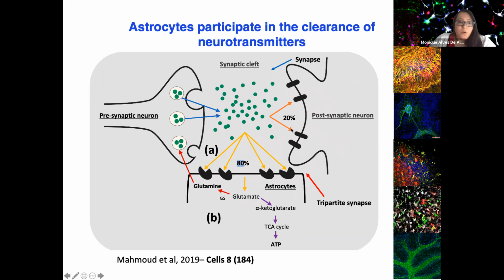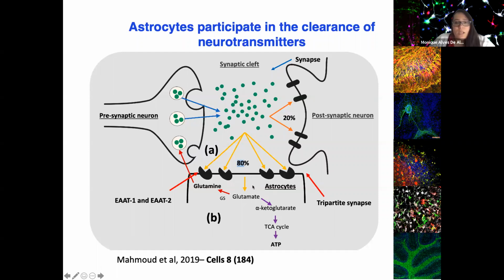It's also important to show that just about 20% of glutamate is taken up by postsynaptic glutamate receptors, while astrocytes take up most of the remaining glutamate by their glutamate transporters, such as the excitatory amino acid transporters EAAT1 and 2, which are expressed on the surface of the astrocyte end feet.